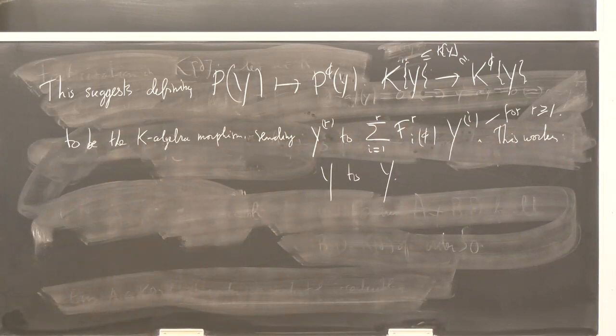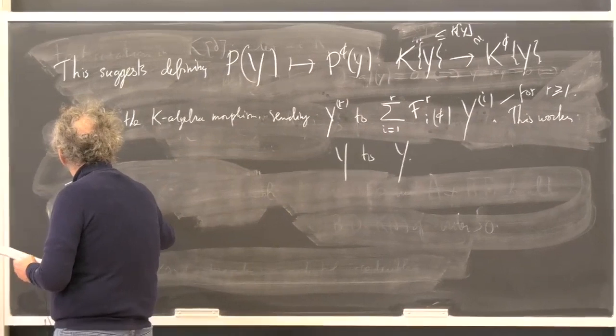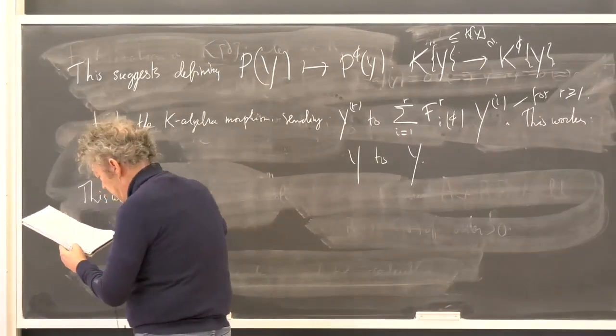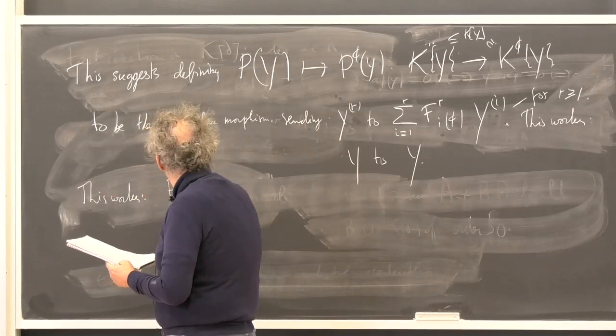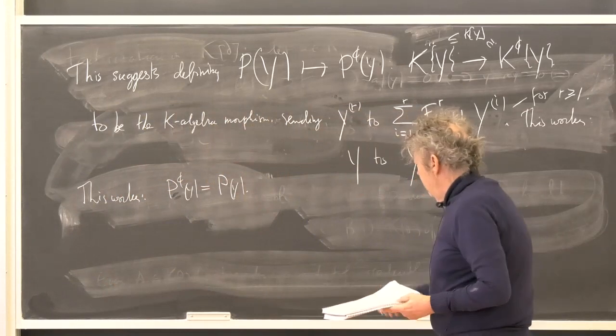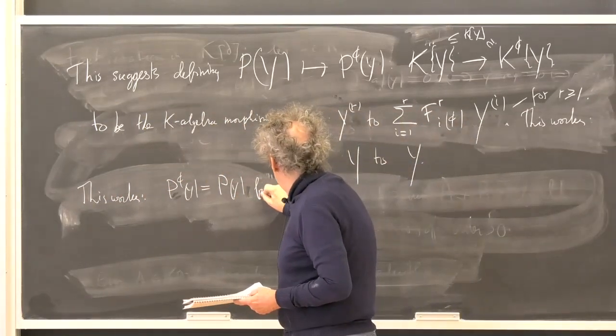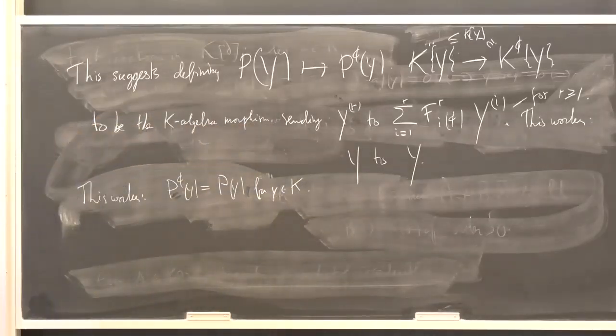Okay, so this works in the following sense. It's pretty easy to check that P^phi(y) equals P(y), for all y in K, and actually for y in any differential field extension.